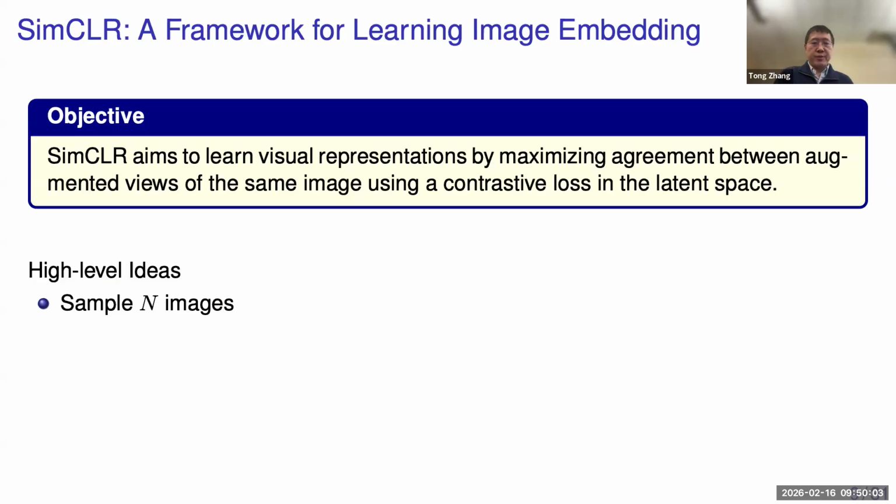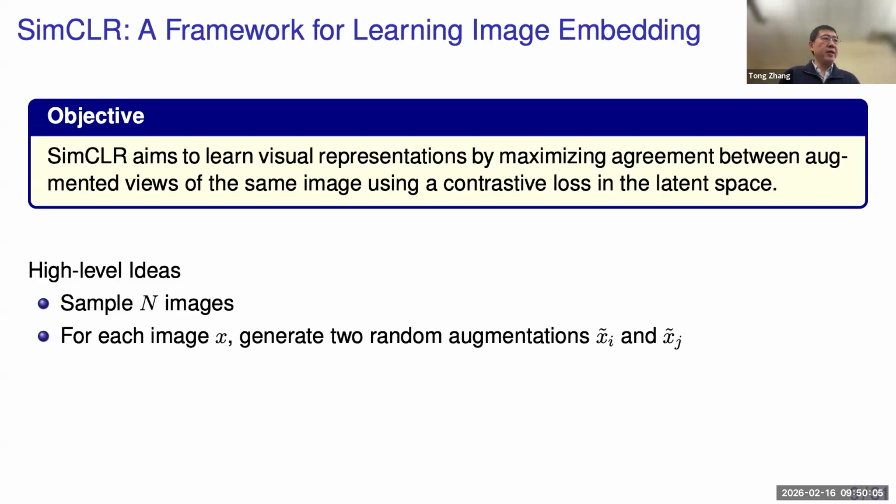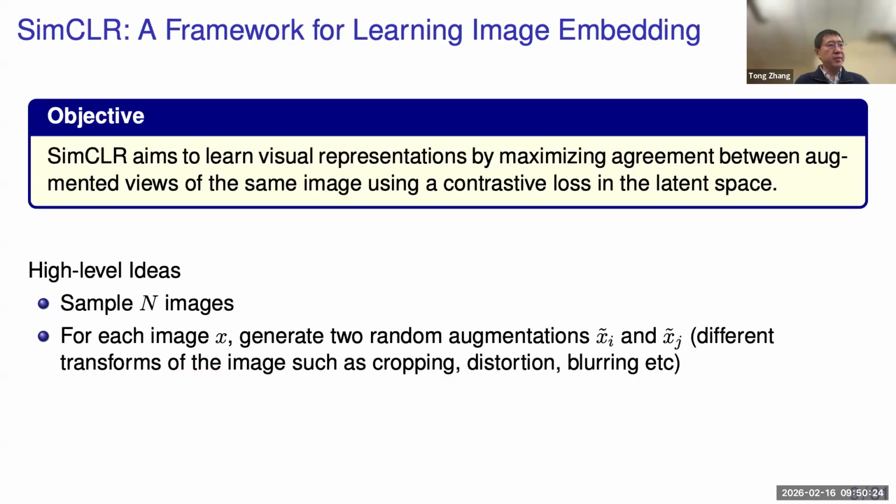Okay, this is a high-level view. Sample images, right? For each image X, generate two random augmentations, or transformations, basically. Essentially, these should be semantic-preserving transformations. You cannot just arbitrarily transform a cat to a dog, that is not good. Mostly these are low-level things, and we will see some more detailed examples later in that paper.